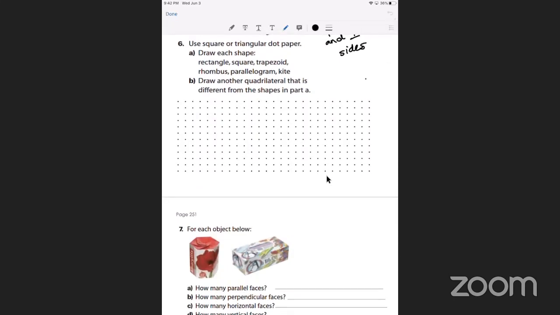Use square or triangular dot paper. Draw each shape. Draw a rectangle. Okay, got it. There's a rectangle. Draw a square. And then it wants me to draw a trapezoid.